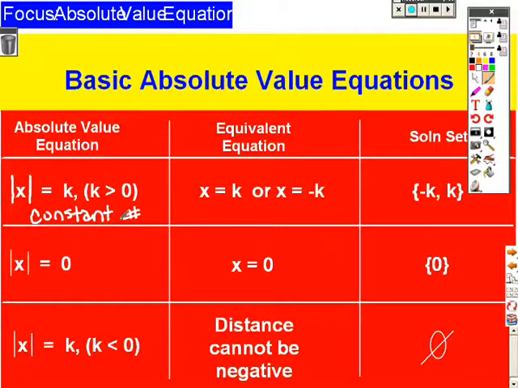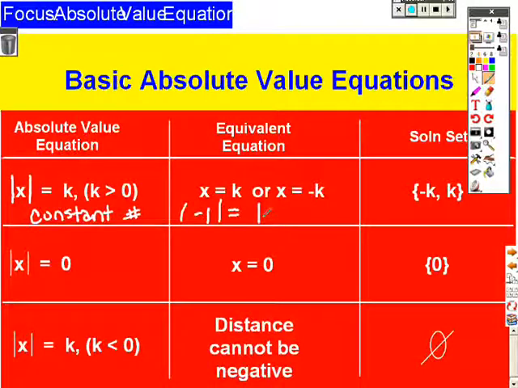We would first solve it by saying that whatever's in the absolute value is set equal to a positive number, or it could equal a negative number, because anytime I stick a negative number in the absolute value symbol, I pop out a positive number. To write my solution set, I write it in curly braces with a negative k, comma, positive k.